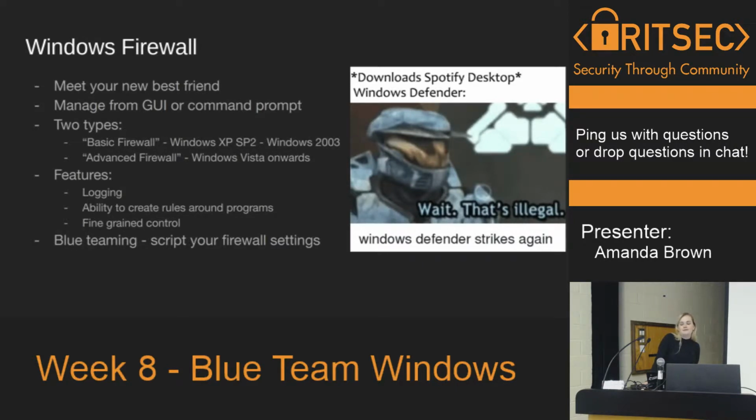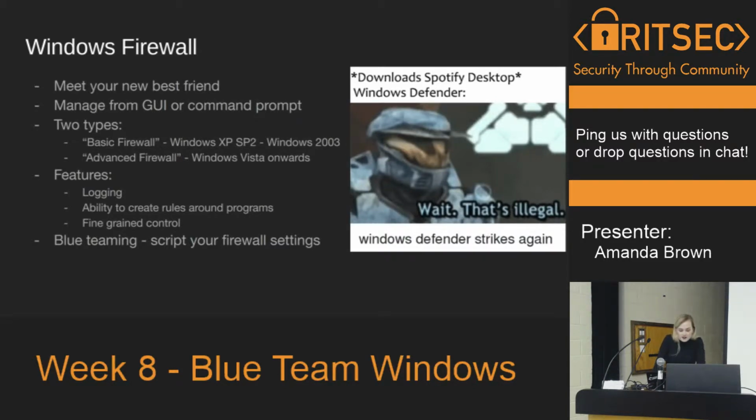And by default, this was turned off for everyone, which created a lot of issues, which is why they pushed the basic firewall to Windows XP Service Pack 2, so that we would have less yikes with XP boxes.